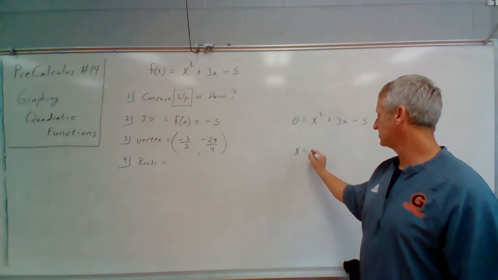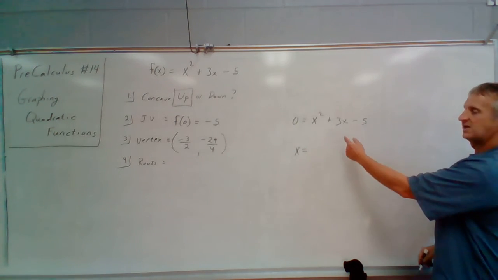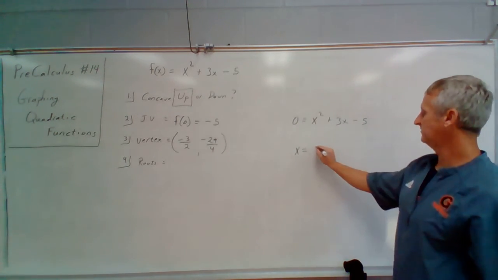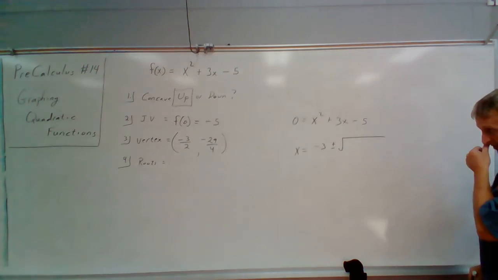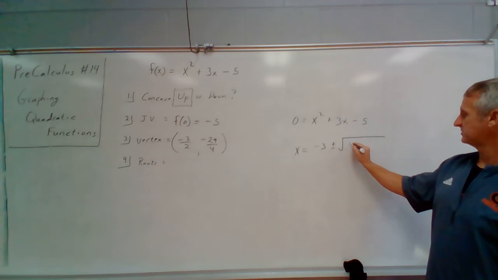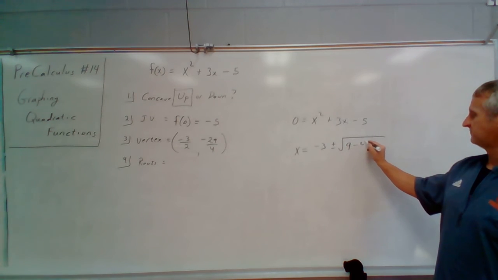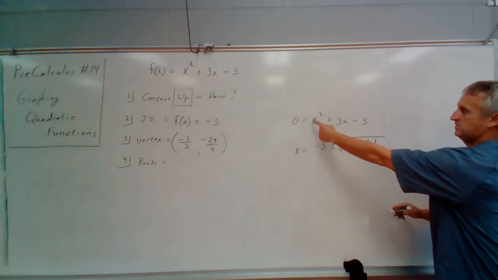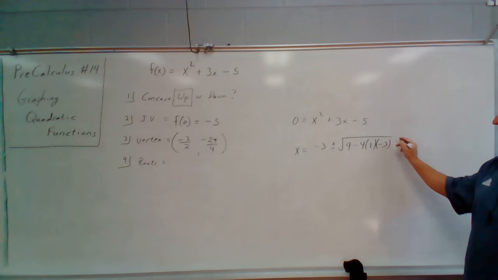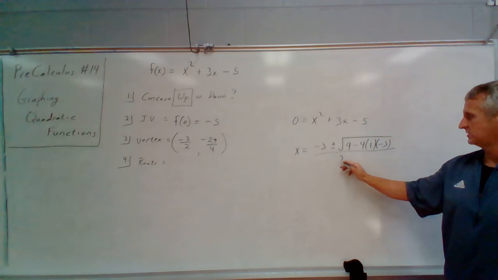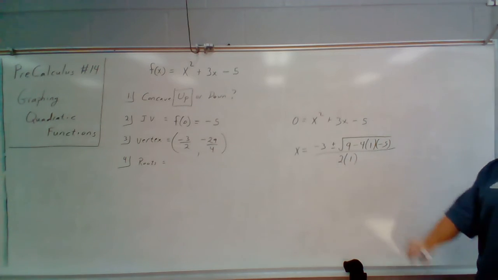So x should be equal to negative b, so that would be negative 3, plus or minus square root of b squared, so that's 9, minus 4 times a is 1, times c is negative 5, all over 2 times a.